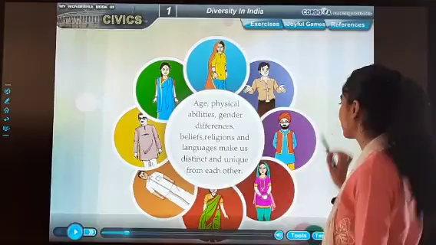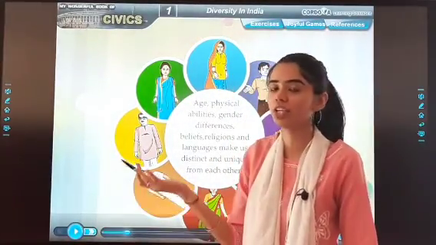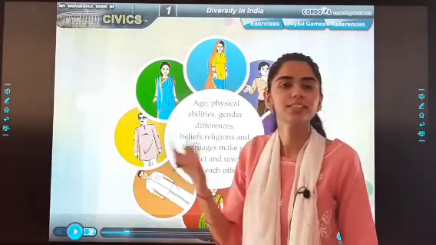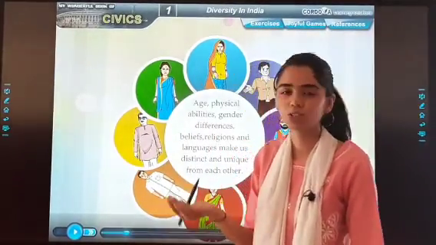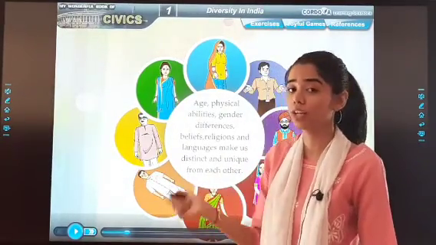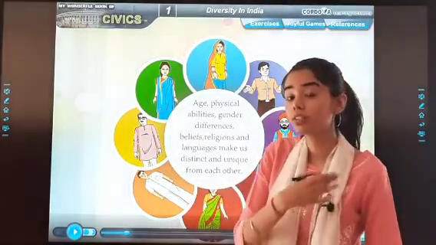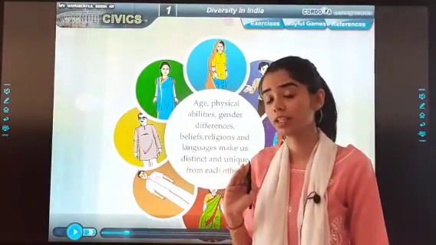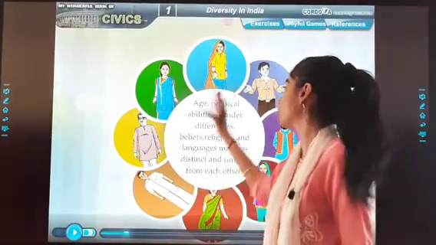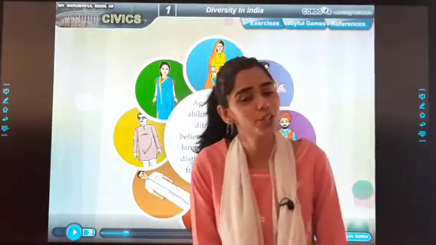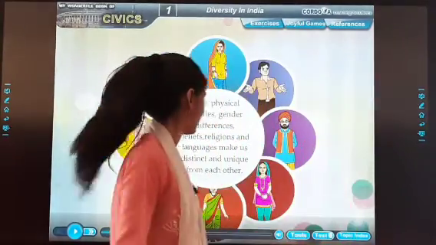As you can see, there are different languages and different religions in our country, that is Hinduism, Islam, Christianity, Sikhism. So all these are what? These are different religions that are followed by people. Now these kinds of distinct things make us unique from each other. Okay? ये qualities हमें एक दूसरे से unique बनाता है. This shows the unity in diversity.